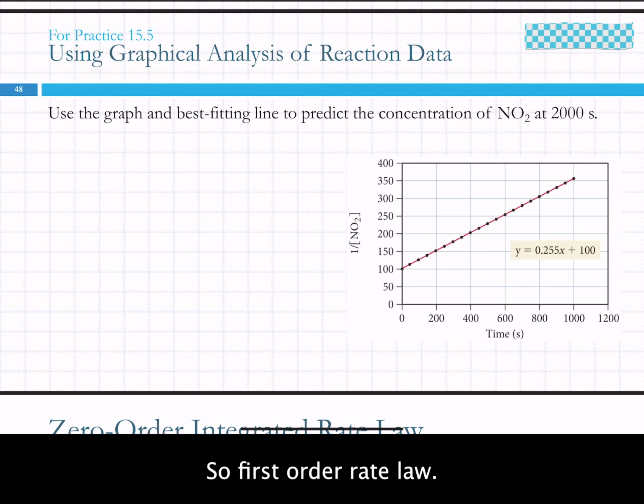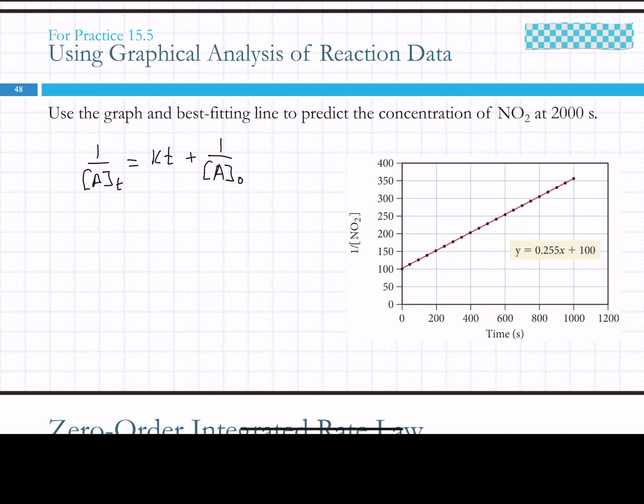So, second order rate law: 1 over A at t equals kt plus 1 over A0. So we want to find 1 over A at t. What's k?